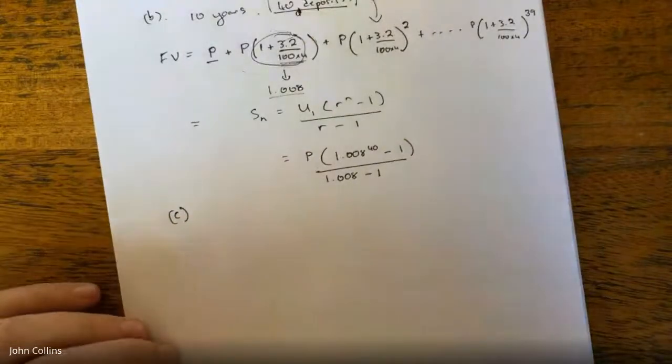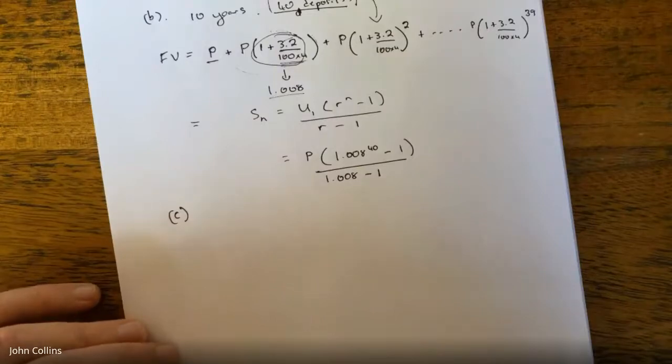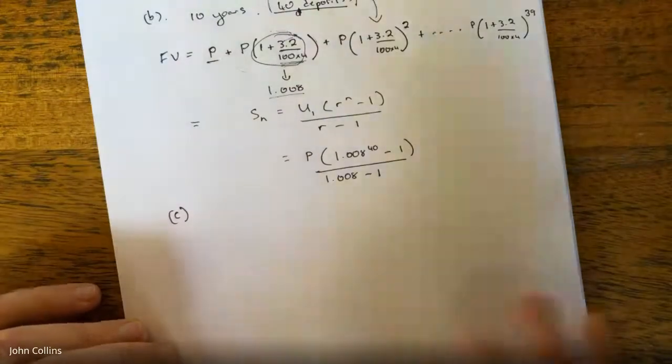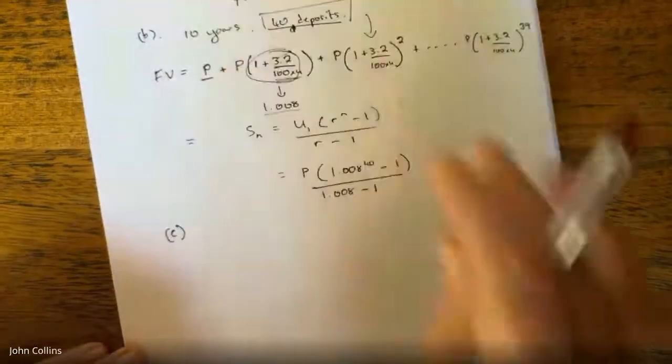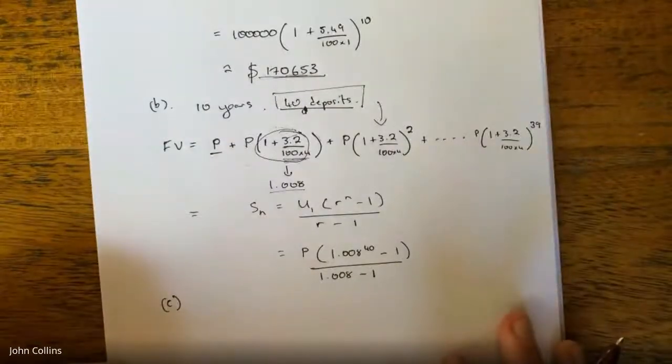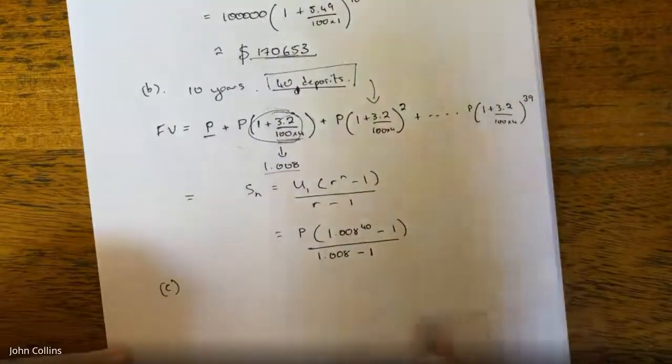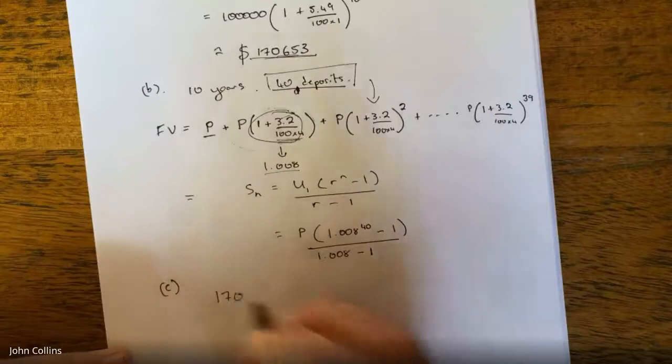Okay, so given Bill's aim is to own an electric car after 10 years, find the value of P to the nearest dollar. So the 10 years, the electric car, this initial amount was the price, wasn't it? So you want this to equal that.